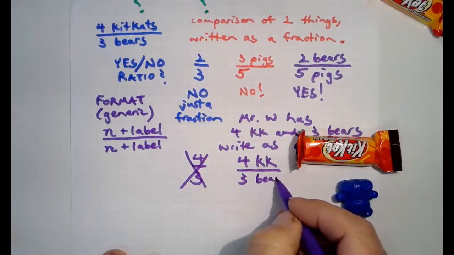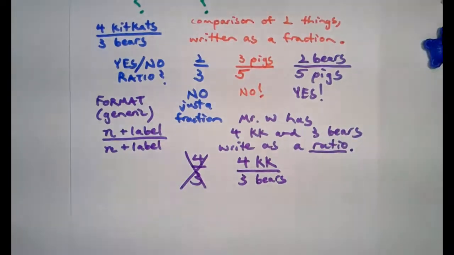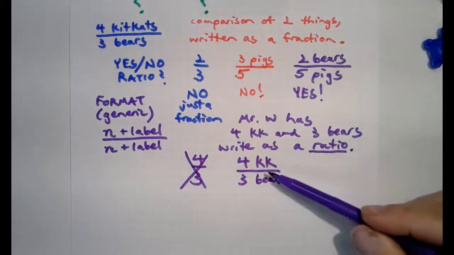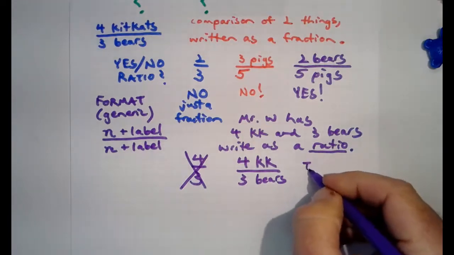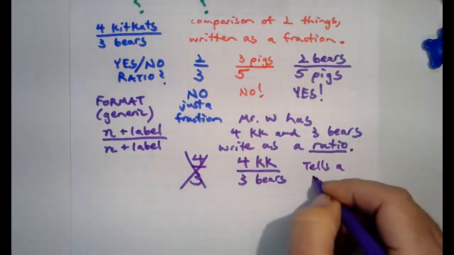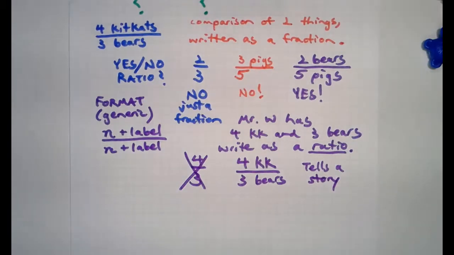Label them. Okay? It's important because a ratio, in describing two things, could be the first sentence of a story, for example. If you think you've written a ratio and it doesn't tell a story, then chances are you didn't label things. And the order they go in matters.